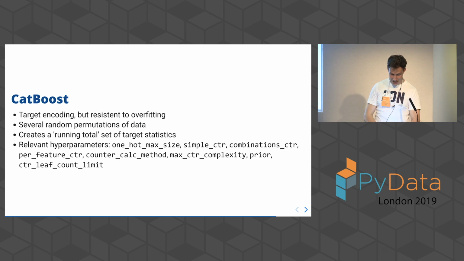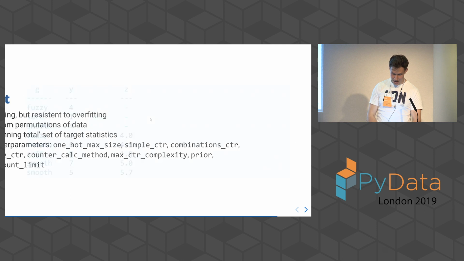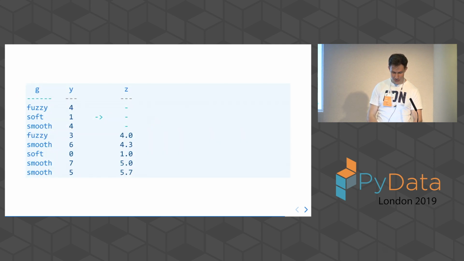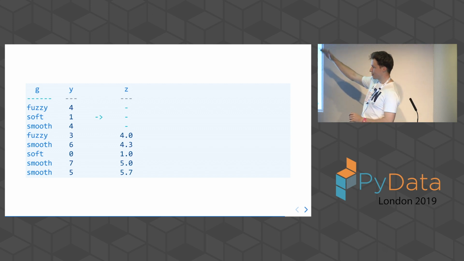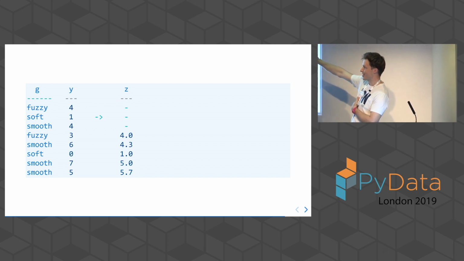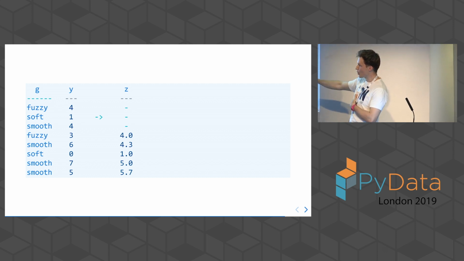Final thing, CatBoost. So this does target encoding, and the way it does that is you randomly shuffle your data a few times, and then you calculate basically target encoded statistics. So in this case, it's the mean of the variable, but you do it in a running total kind of way.